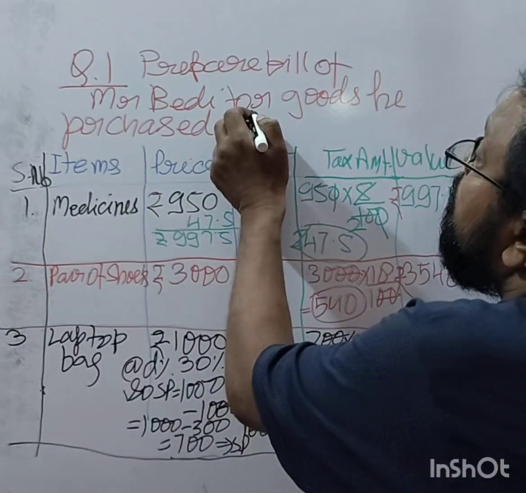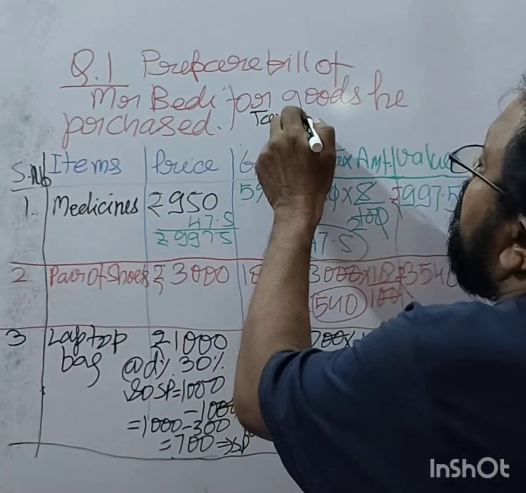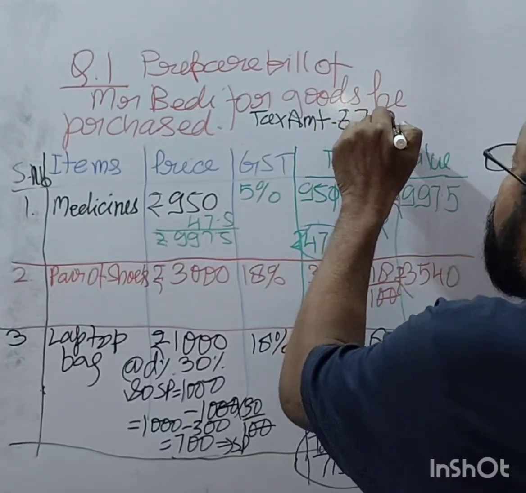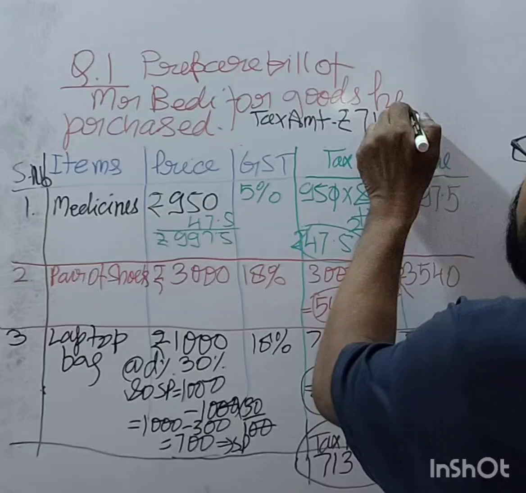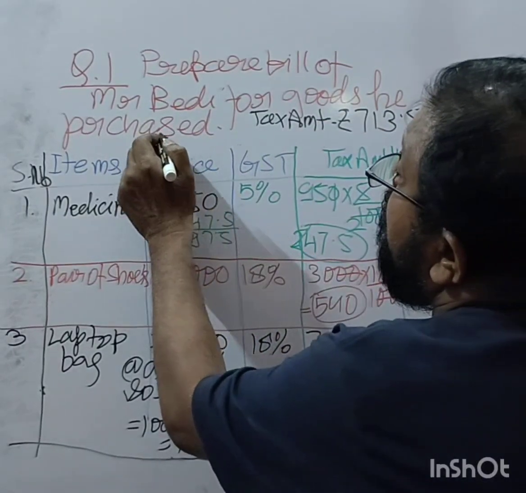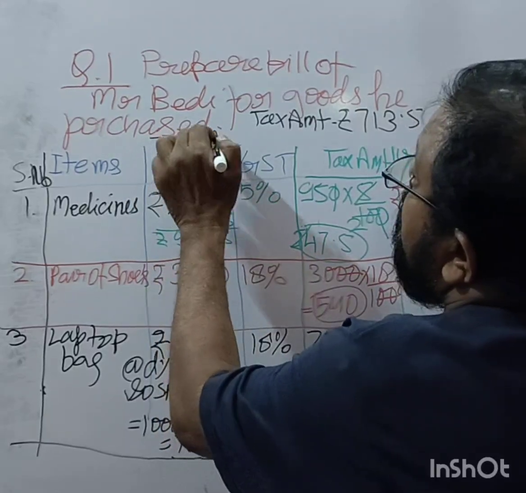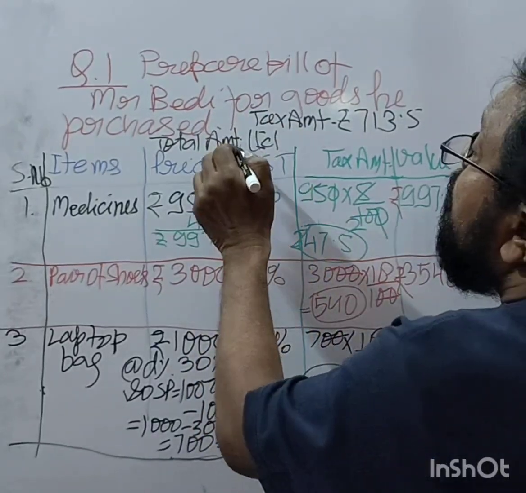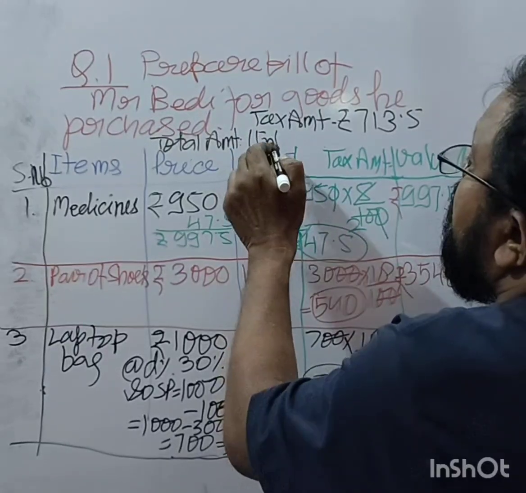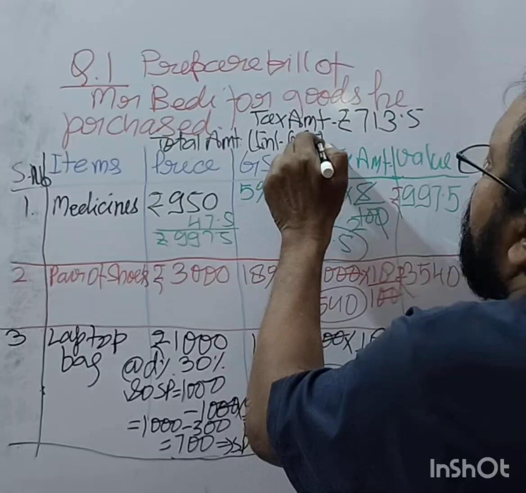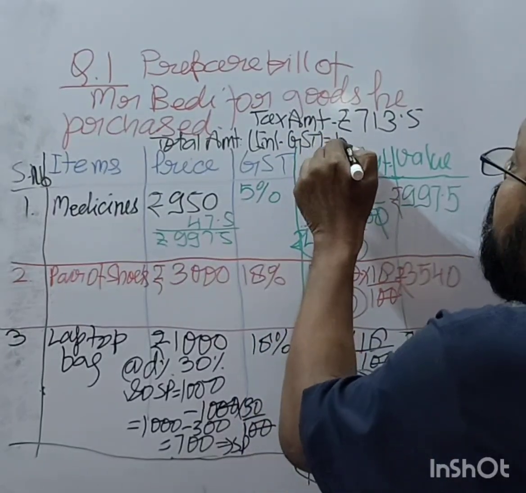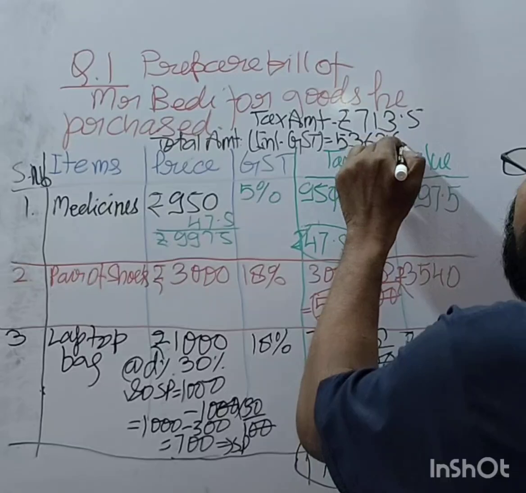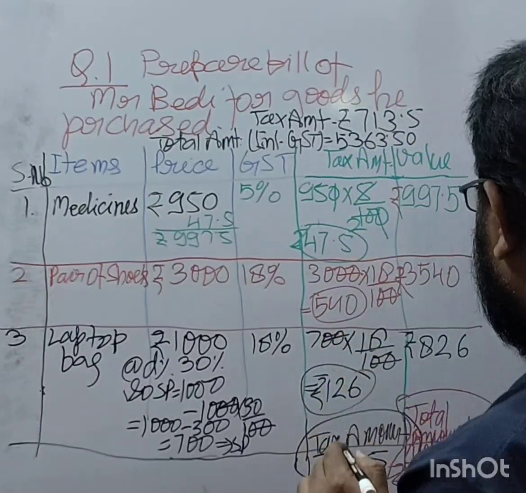So tax amount is rupees 713.5 and total amount including GST is equal to 5,363.5 rupees, right? This is what we have.